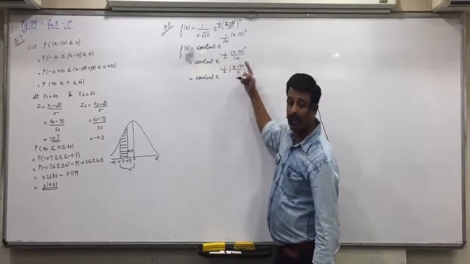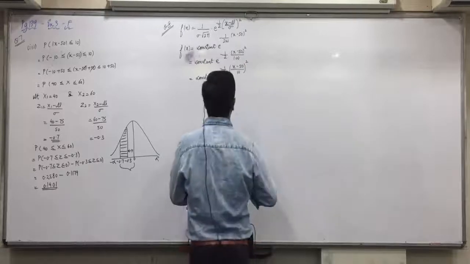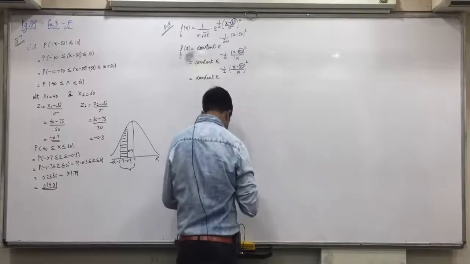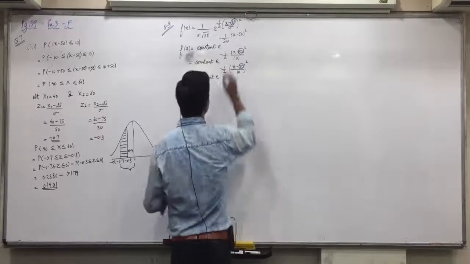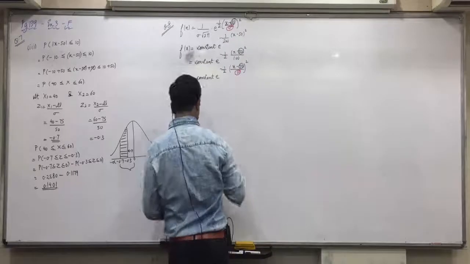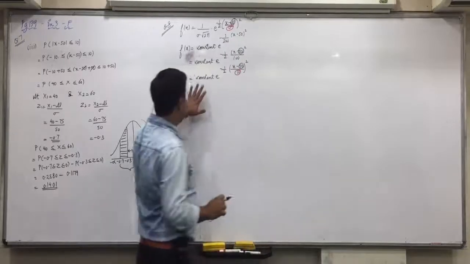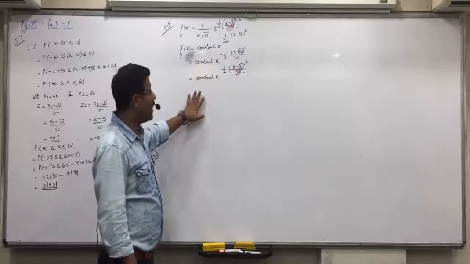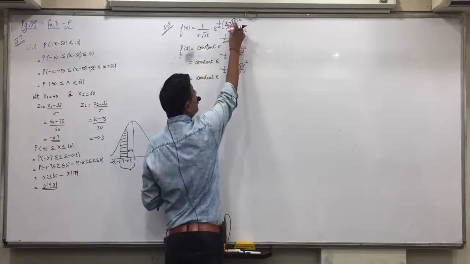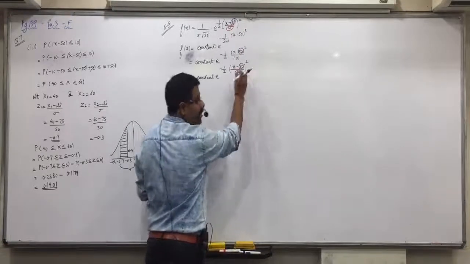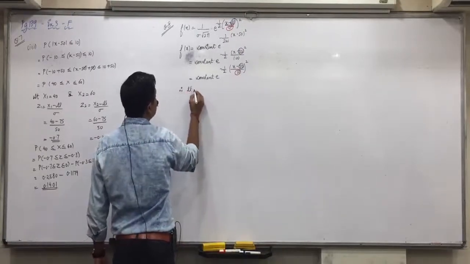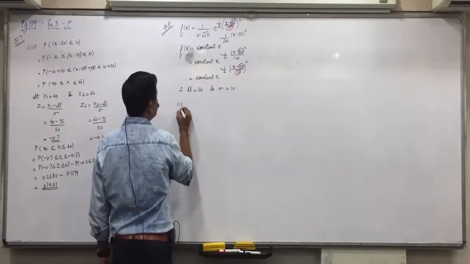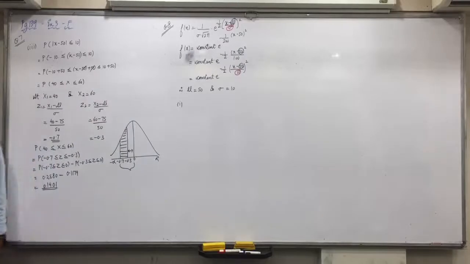So 10 square would give 100. Now, mu is 50 and sigma is 10. We can write this portion also 1 upon 10 root 2 pi, but no need to waste time on that. Our purpose is getting mu and sigma, that we get from here, 50 and 10. So mu equals to 50, sigma equals to 10. Anyone having any doubt in this?